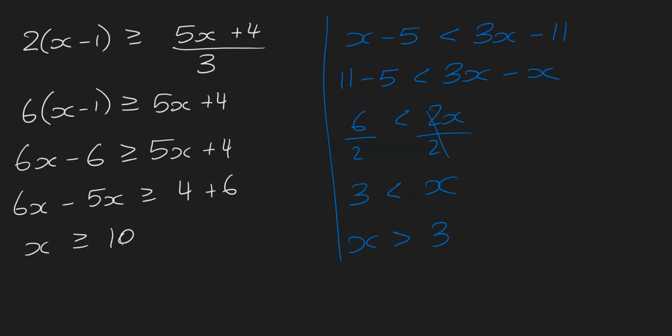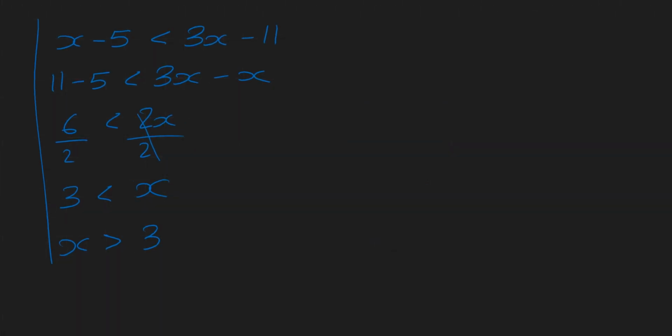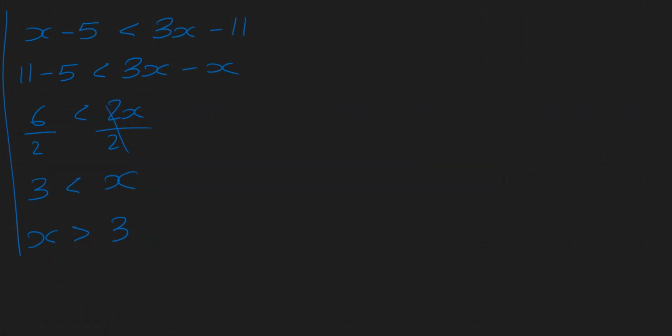Cool. Now we can take the exact same problem and solve it using our rule for dividing or multiplying by a negative number. So again, we can rearrange it in a different way. Let's rewrite that equation. Now let's take all the x's to the left-hand side. So we've got x minus 3x, and take the negative 5 across.